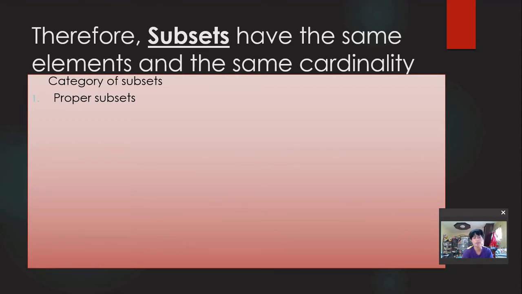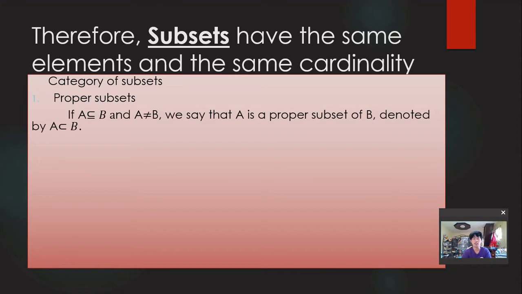What is the definition of proper subsets? Okay, proper subsets: if A is a subset of B and A is not equal to B, we say that A is a proper subset of B. That's how we define a proper subset. Now, in usual math, some of the math books just write subsets, not proper subsets.